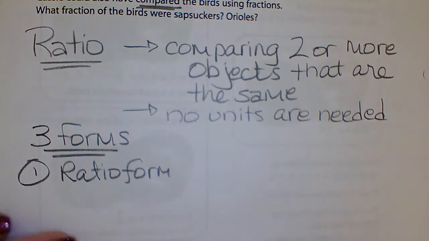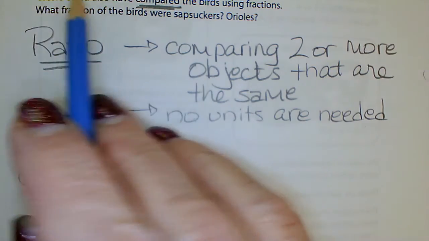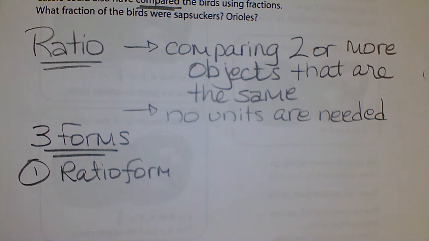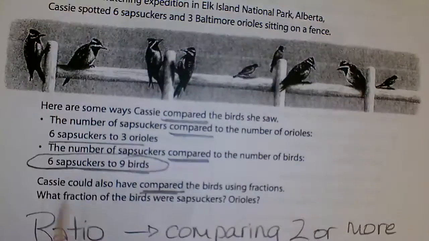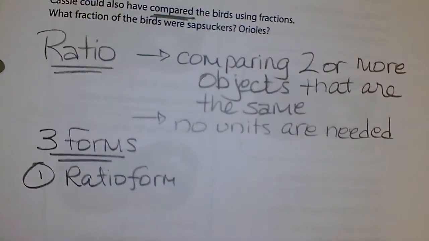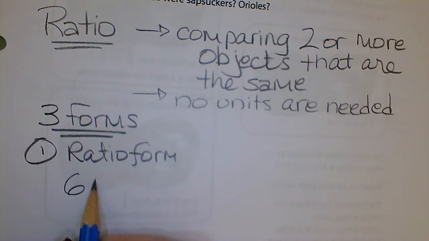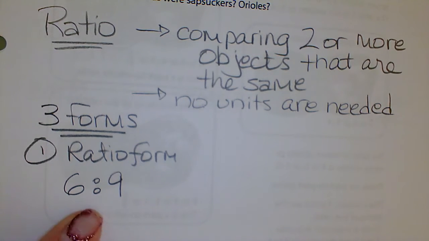So let's do this last one here, sapsuckers to total birds, the one that I circled. So I'm going 6 to 9. So ratio form is actually colons. This compares one thing to another, and you'll see I didn't put any units on it.